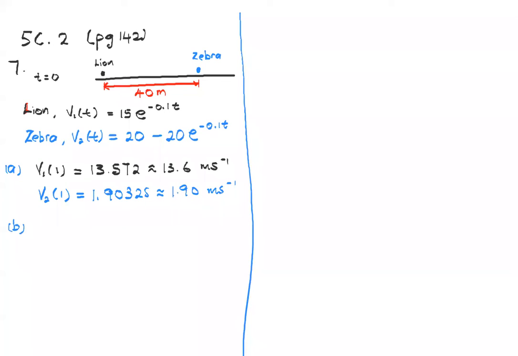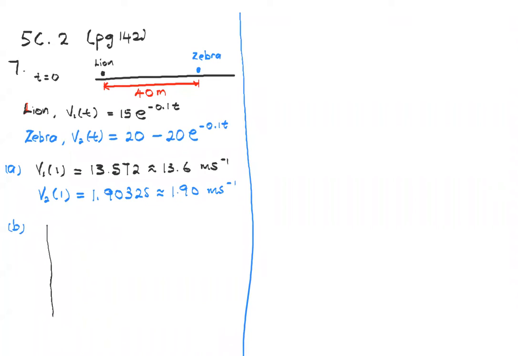So I want to see the velocity of the zebra with respect to the velocity of the lion. Who is running faster at what time? Correct? So for part B, I sketch the graph first.